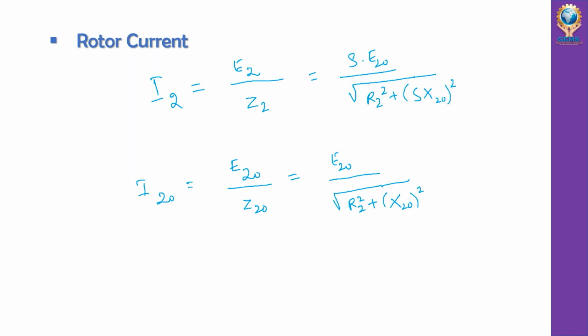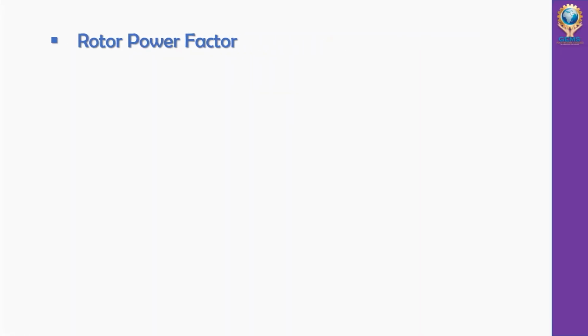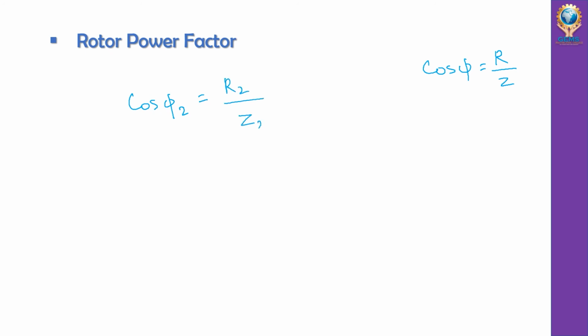Okay, so we are going to see the power factor. We know the power factor formula, cos phi equal to r by z. So we know that the rotor power factor is cos phi 2 equal to R2 divided by Z2.